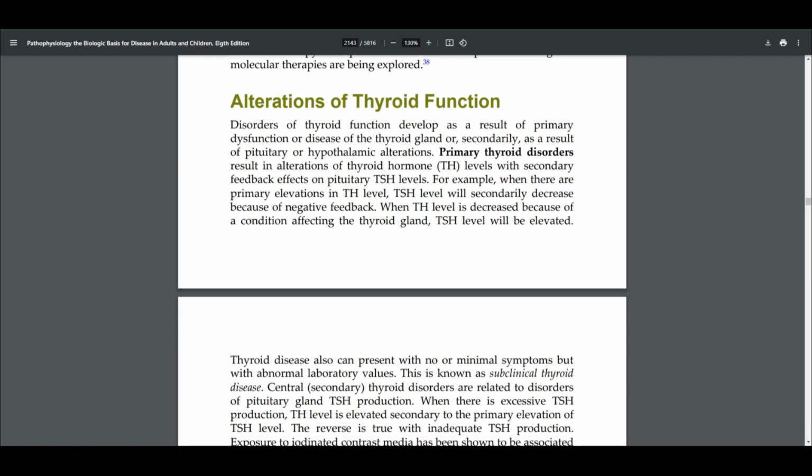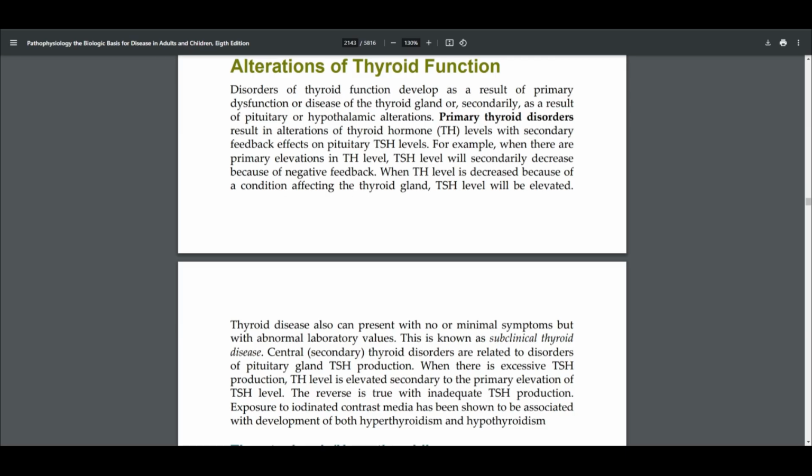That leads us to alterations of thyroid function. Disorders of thyroid function develop as a result of primary dysfunction or disease of the thyroid gland, or secondarily as a result of pituitary or hypothalamic alterations.